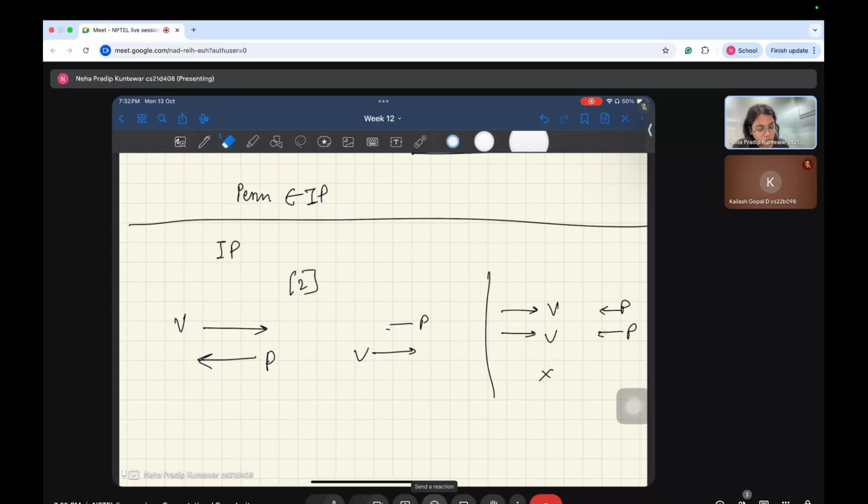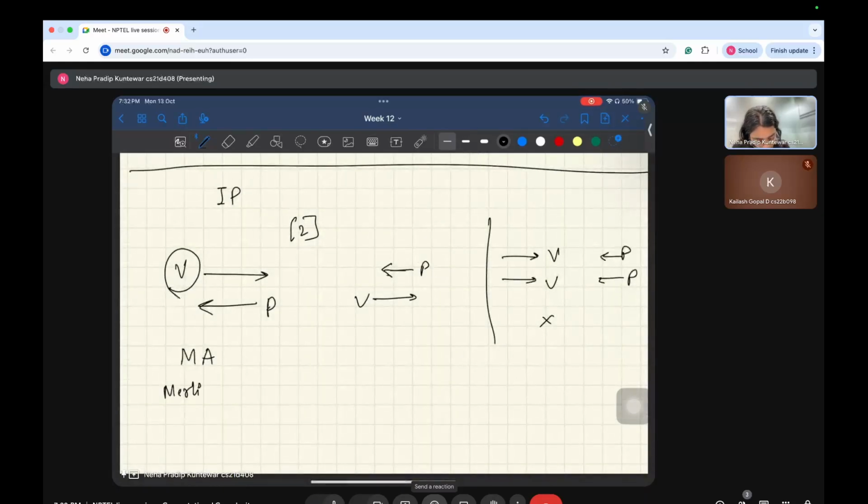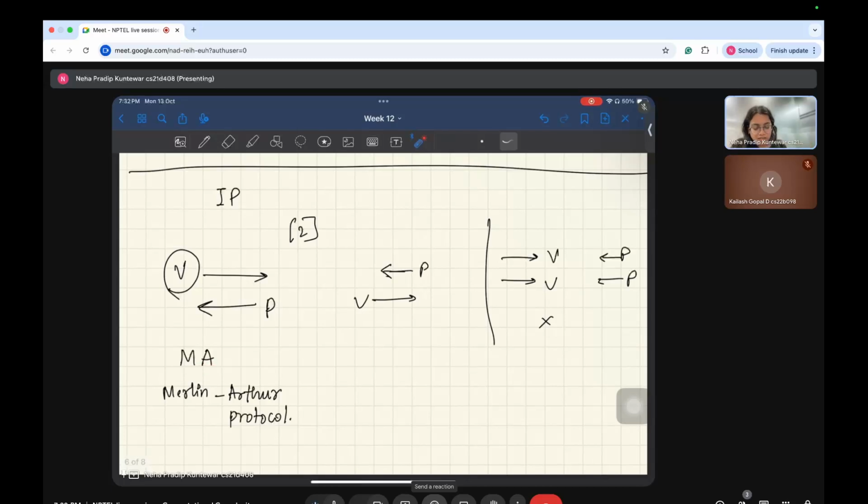Now these kinds of models where the verifier speaks first, or sends the random coin tosses, followed by which the prover responds, these are called Merlin-Arthur protocols. Although I defined it like this, this is just a Merlin-Arthur protocol with 2 rounds.